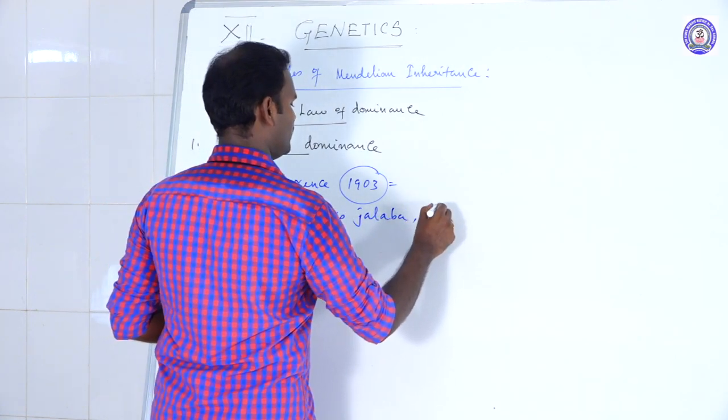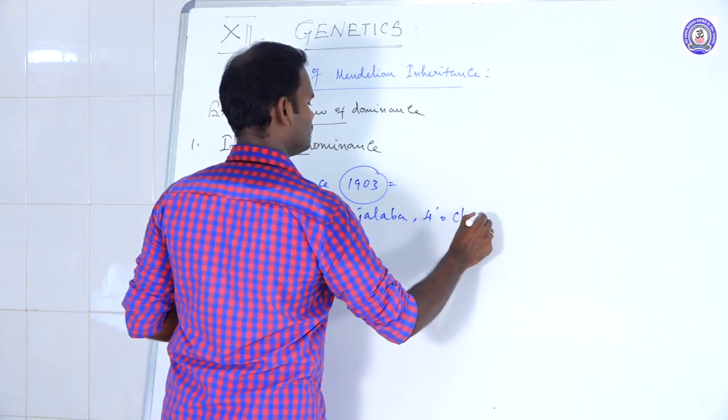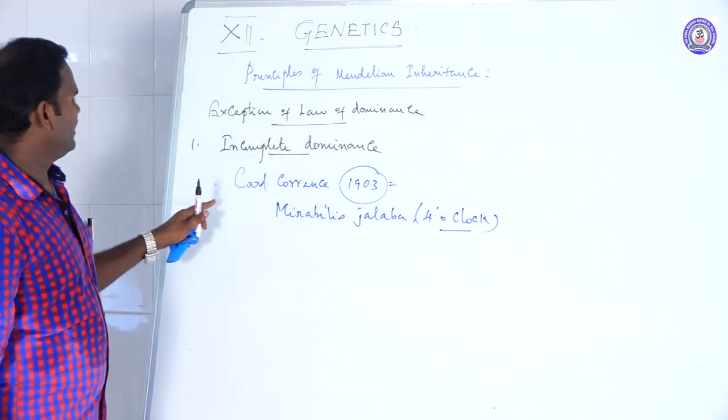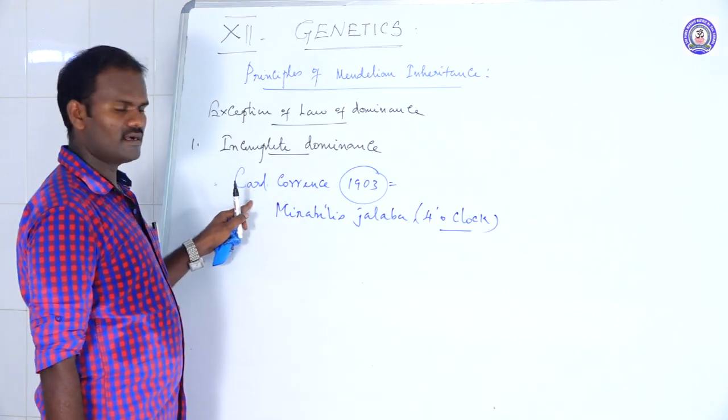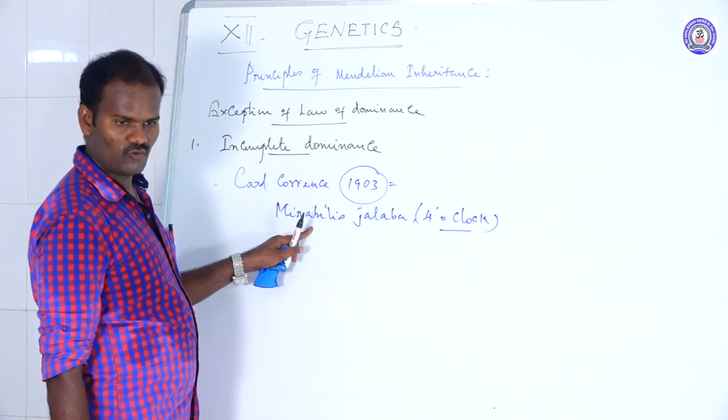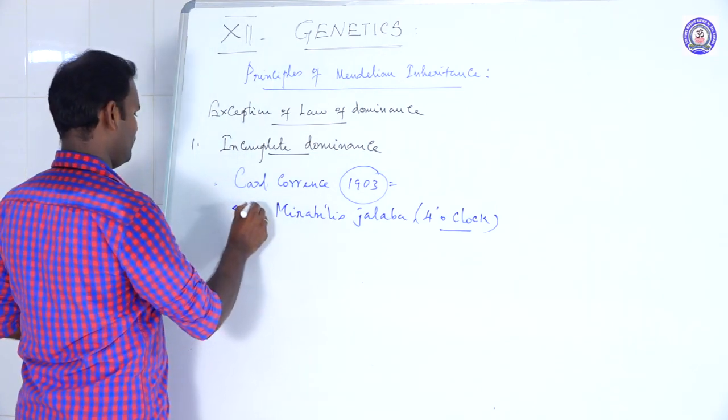It is also called the four o'clock plant. Incomplete dominance was first studied by Karl Correns in 1903 in Mirabilis jalapa. It is the first example.